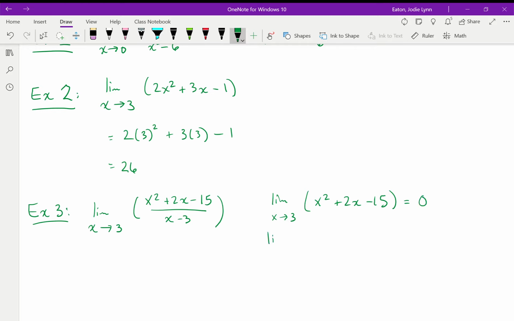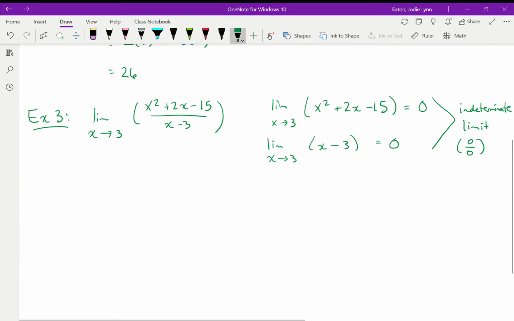And the limit as x approaches 3 of x minus 3 is also equal to 0. So what this means is that we have an indeterminate limit, where we get 0 over 0. It's not equal to 0 over 0, because 0 over 0 is indeterminate. We don't know what it is.